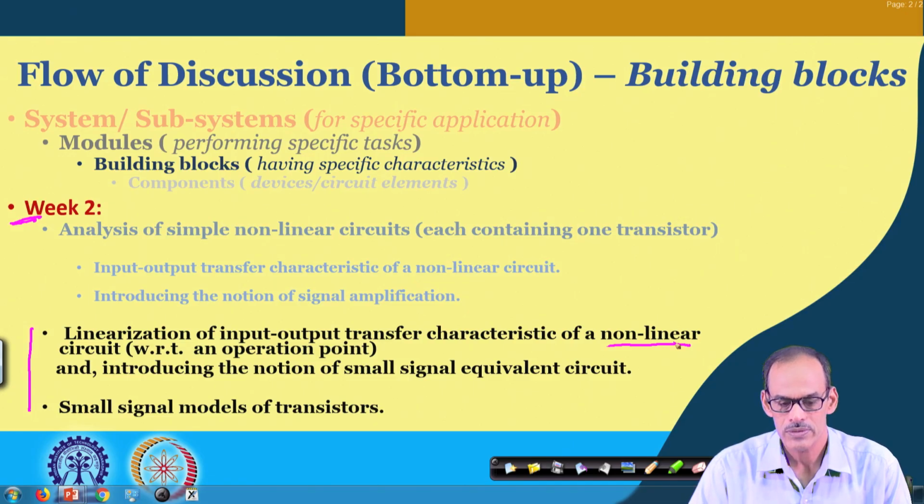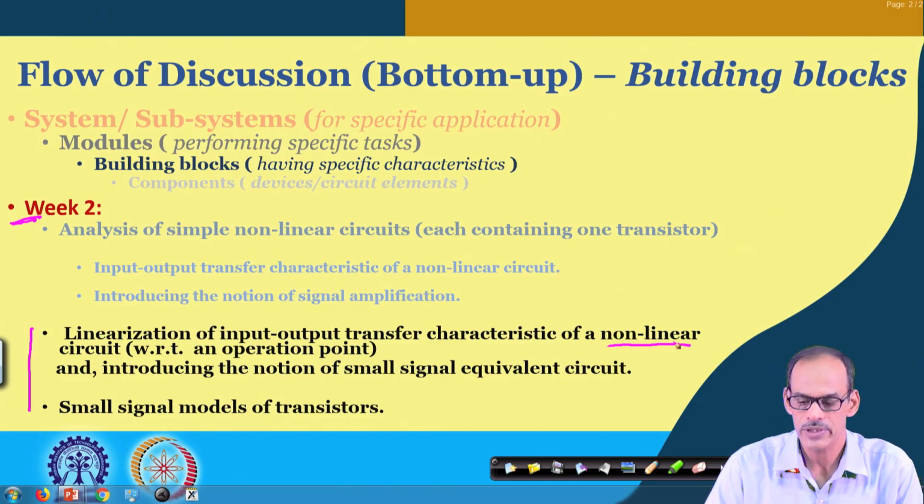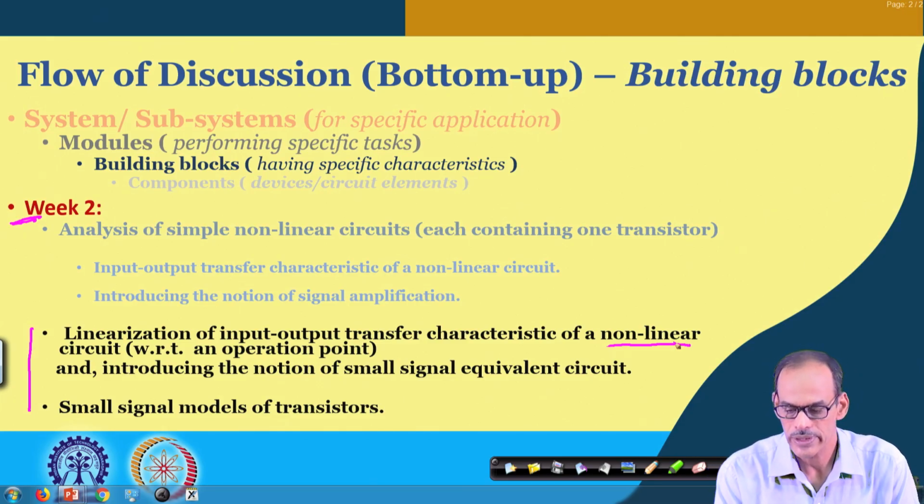And in the previous module, we already saw linearization of the input to output transfer characteristic of a circuit containing BJT.